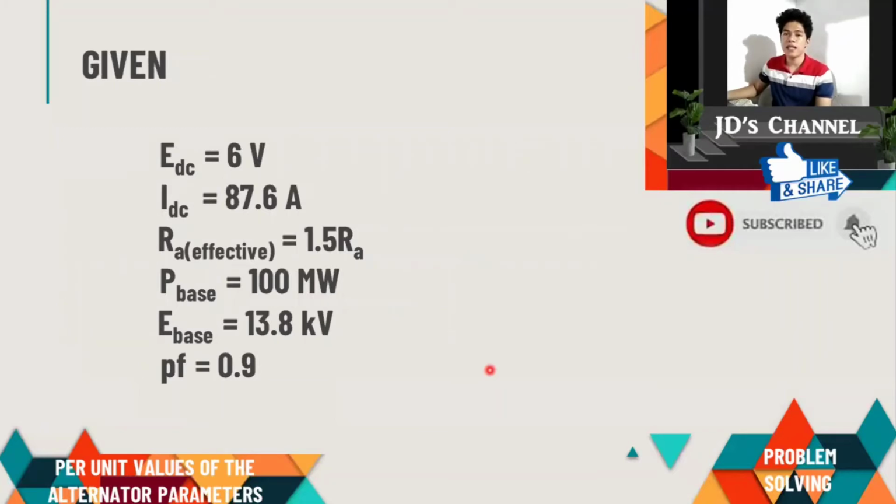We have the EDC that is 6 volts, the IDC that is 87.6 amperes, the ratio of RA effective to the ohmic resistance that is 1.5 of RA, the P base that is 100 megawatt, the E base that is 13.8 kV, and the power factor that is 0.9.